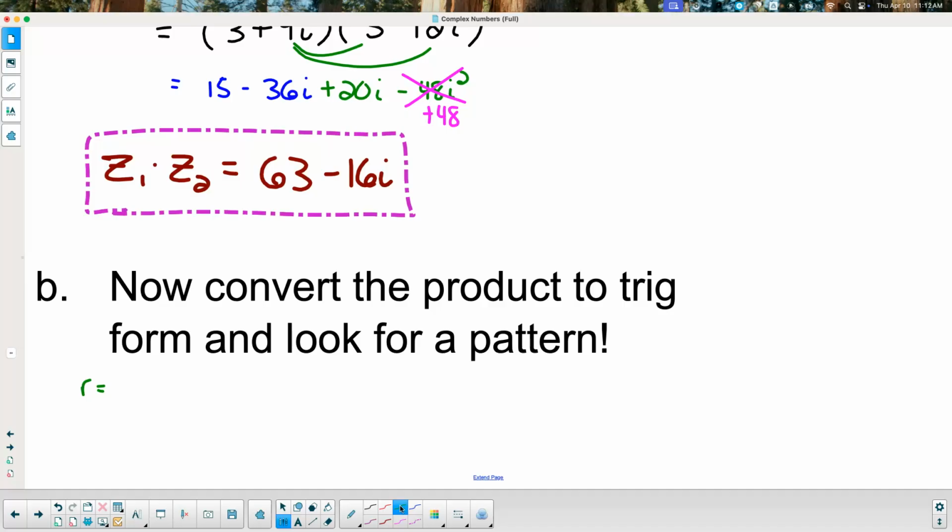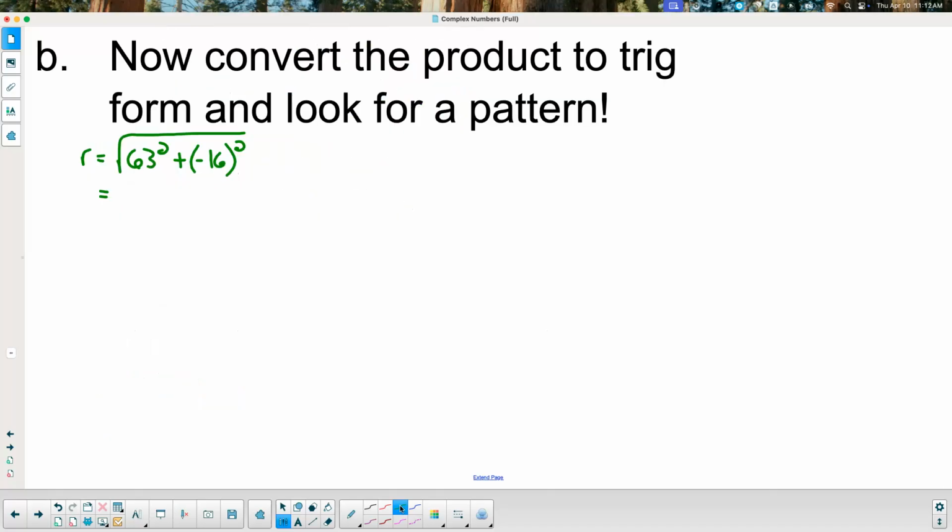So 63 squared plus negative 16 squared. Ooh, 63 squared is a big number. Anybody? 63 squared? 3,969. 16 squared is 256.